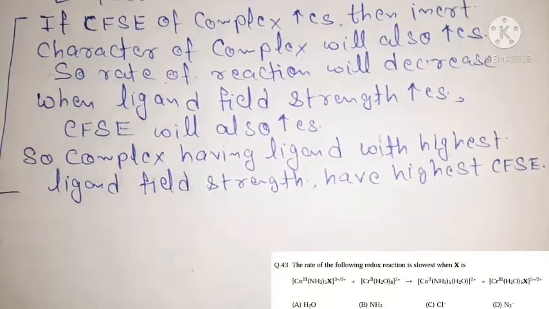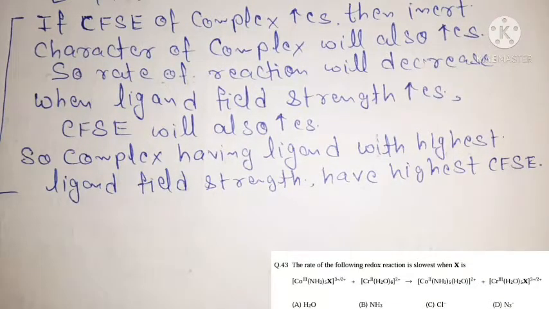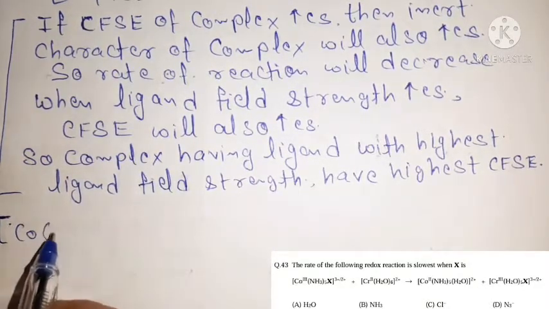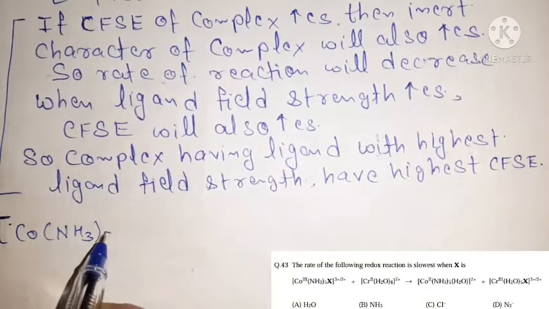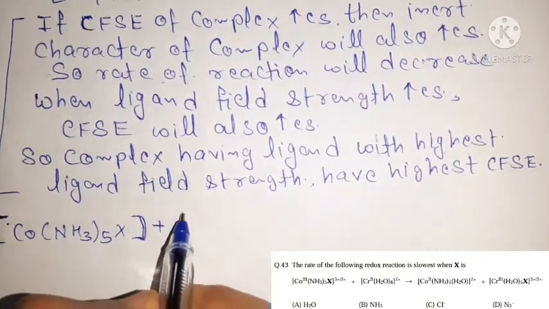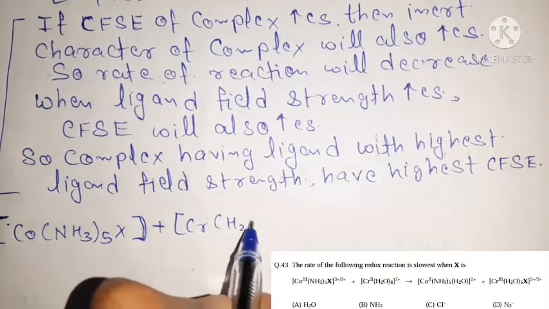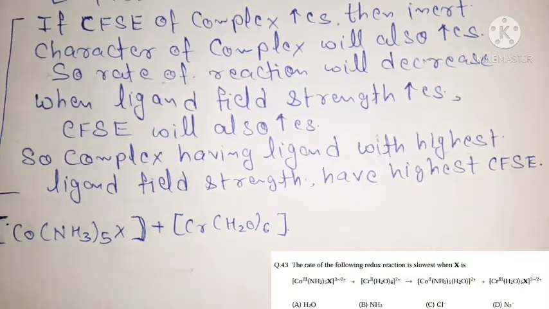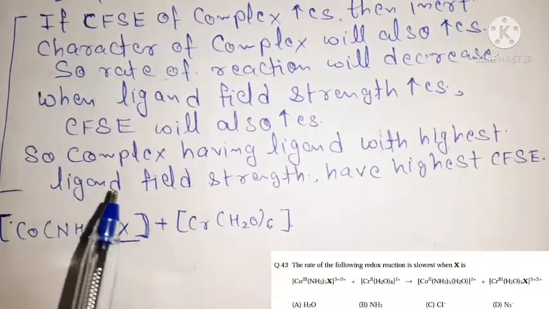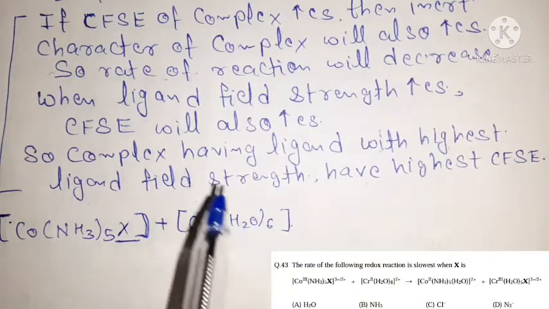Now according to your question, you must find the rate of reaction is slowest when X is, we have this reaction between this and this complex. So X is nothing but a ligand.